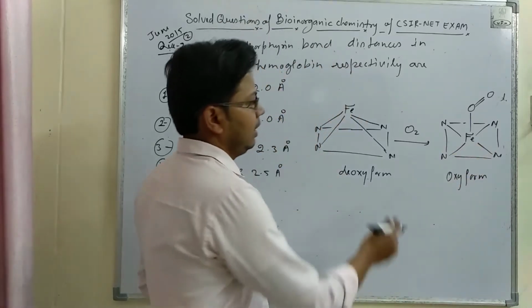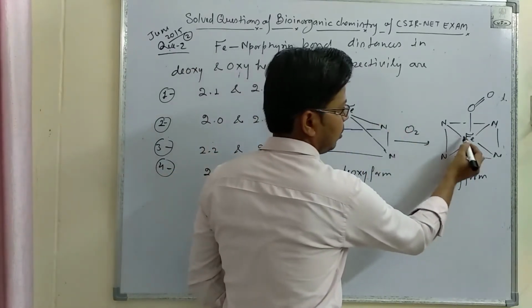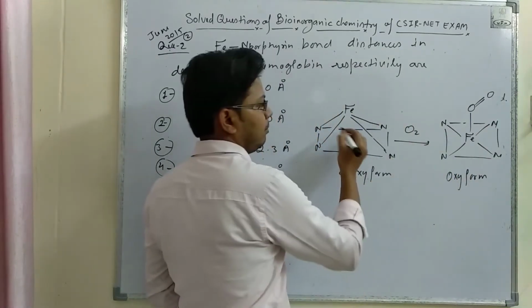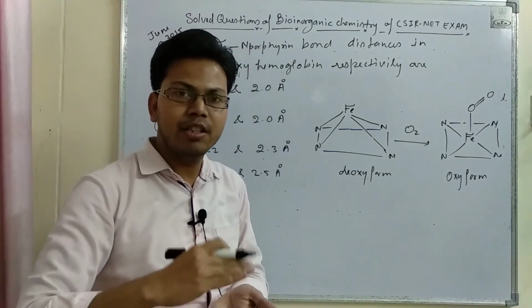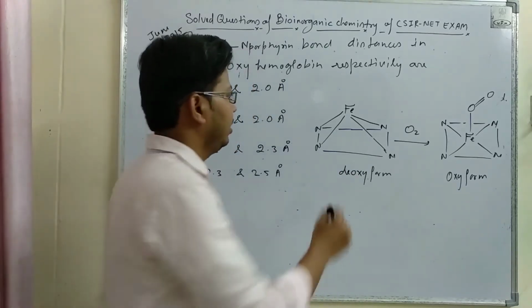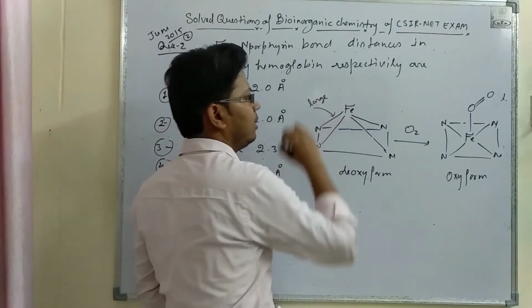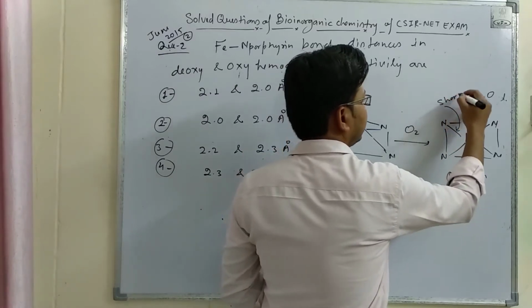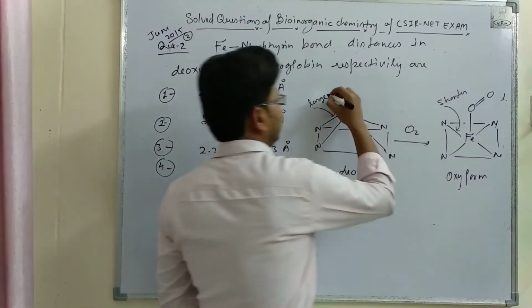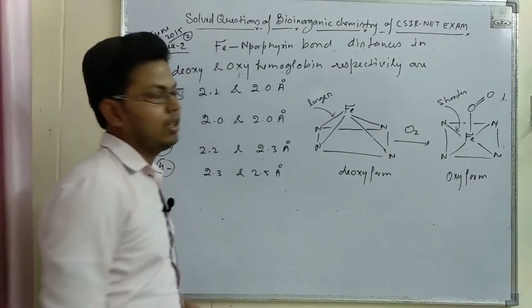In comparison, this bond distance will be short, because the iron atom has penetrated into the ring, so the bond distance will go down. Therefore this bond will be larger and this bond will be shorter.